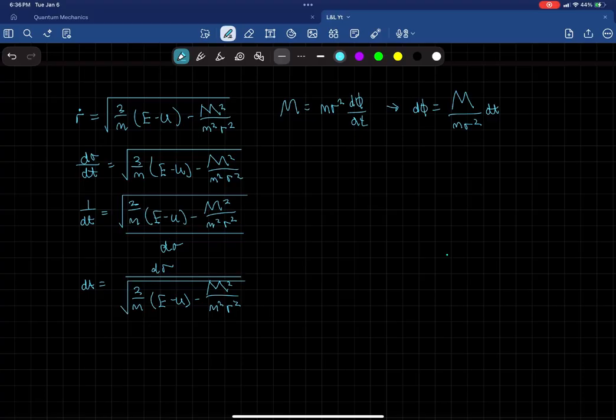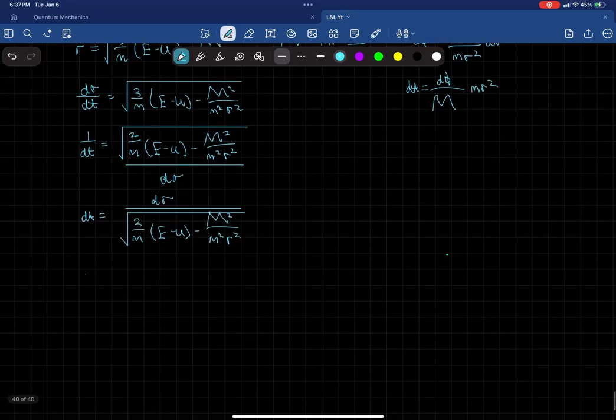And from here, we know that dt is equal to d phi over capital M times m r squared.